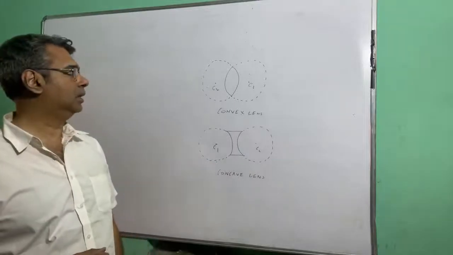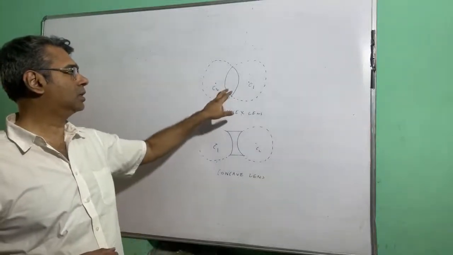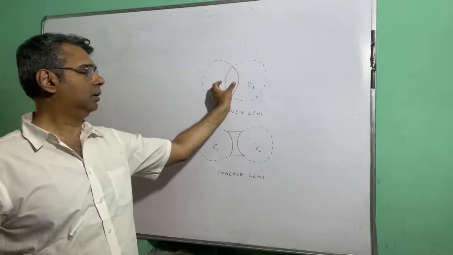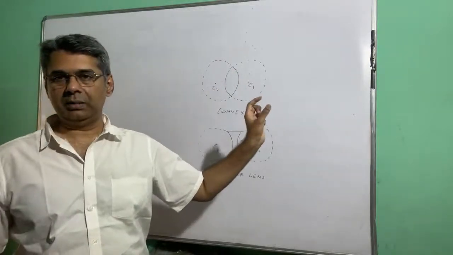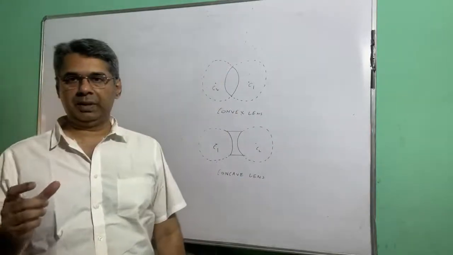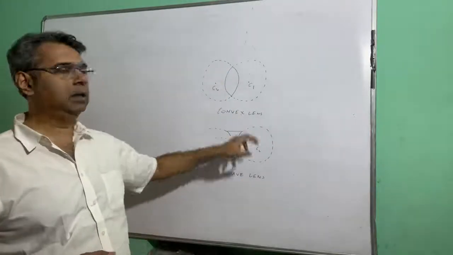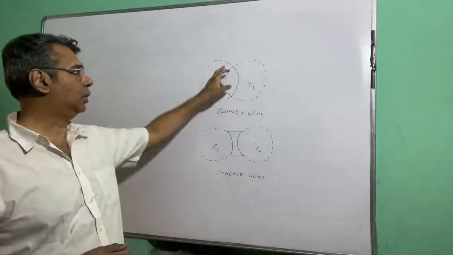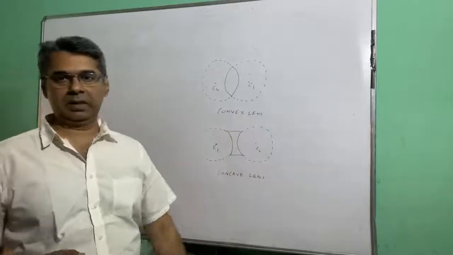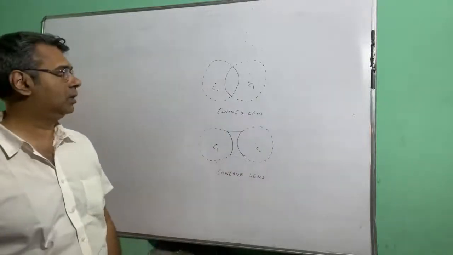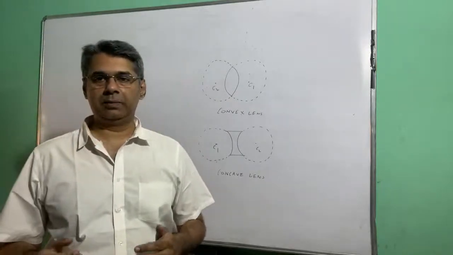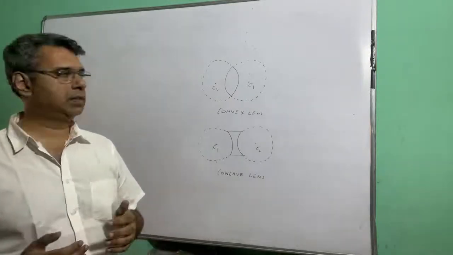You will notice that this particular lens is very thick or broad in the middle, it is bulging in the middle, but at the top and at the bottom it is tapering. Such a lens is called a convex lens. So how do we define a convex lens? Its boundary will have two spherical surfaces.